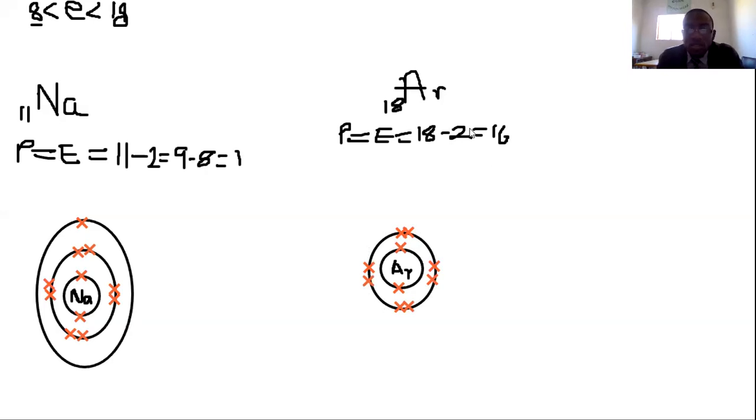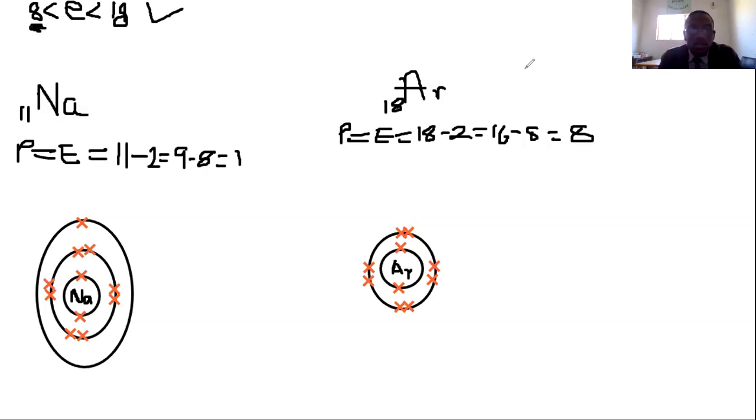We subtract the 8 that we have used from the 16. Our remainder will be 8. And when we come back to the rule, we know that 8 is what we can put there. So it's okay, we can put the 8.